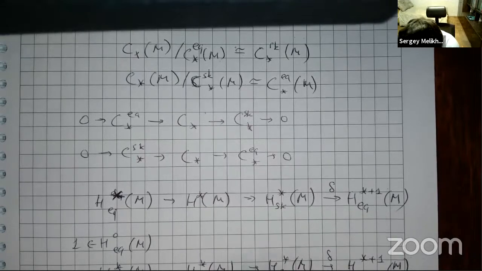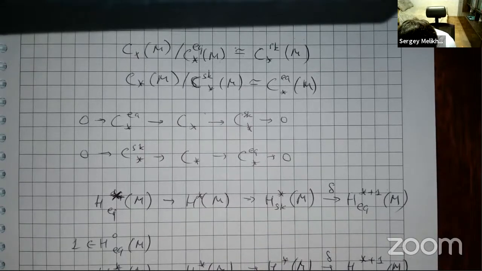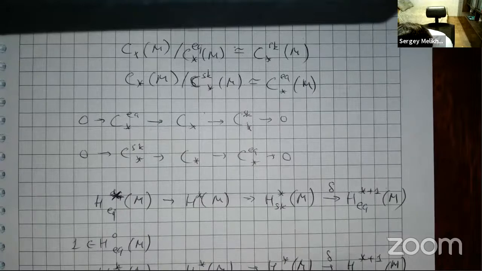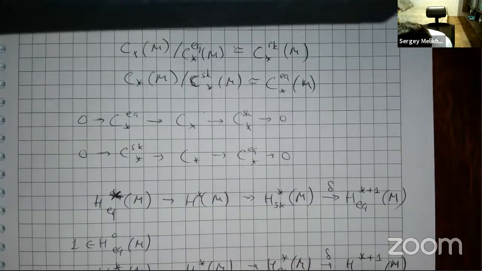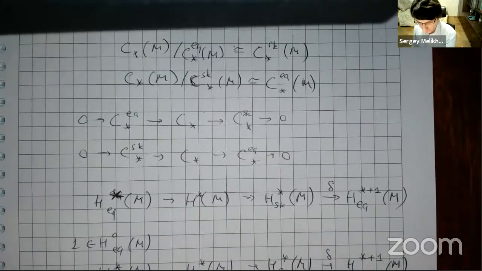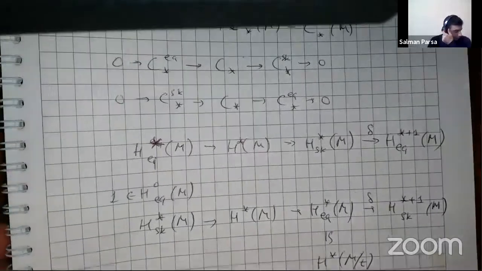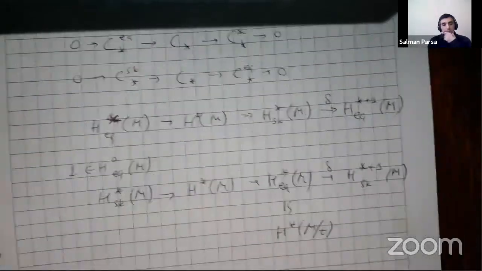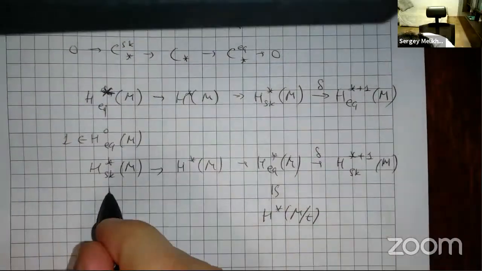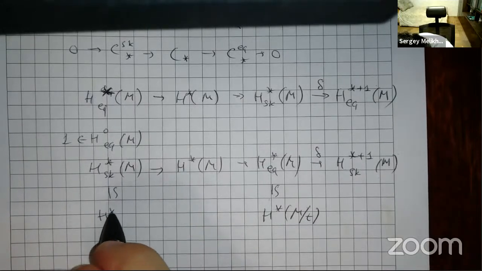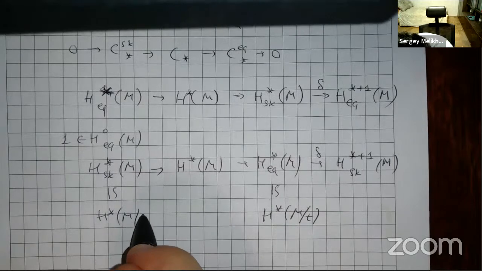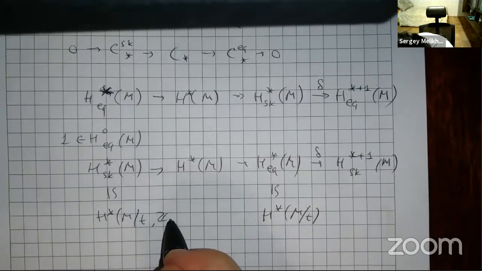But now there are some remarks. This equivariant group is isomorphic to the usual cohomology of M modulo the involution. And this one is isomorphic to the usual cohomology of M modulo the involution with twisted coefficients.